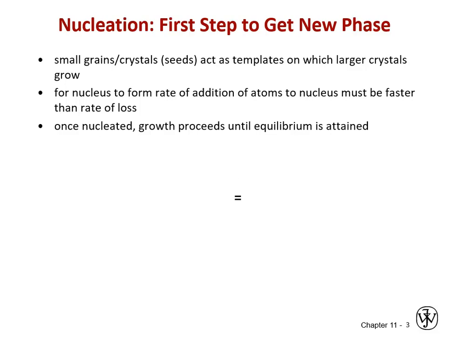So imagine a metal in a liquid or in a solid solution, and we've decreased its energy by cooling it or by allowing it to get to a point where it wants to release some strain energy. The first thing it's going to do is form very, very small regions where that thermodynamic change has occurred.